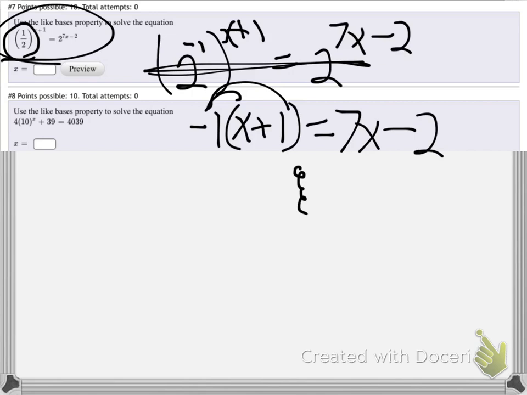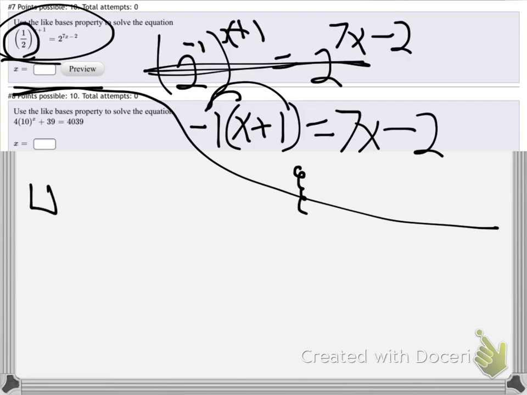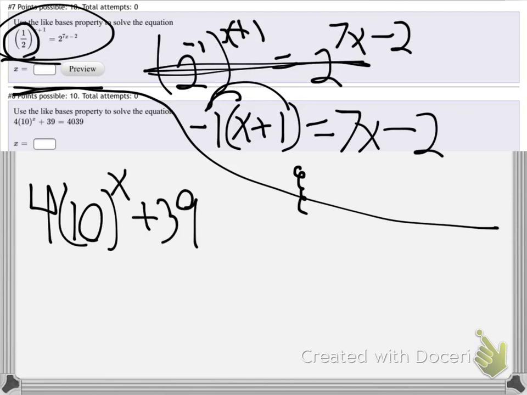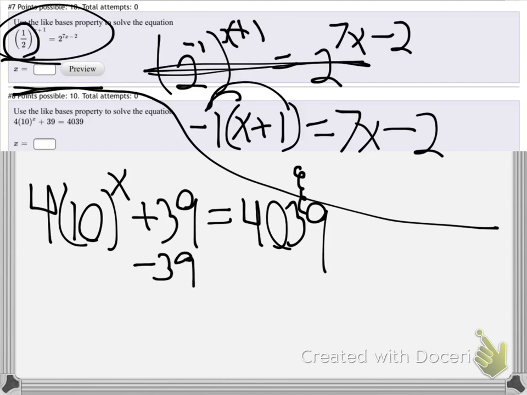Now number 8, real similar idea to, I don't remember, number 6 or something, whatever it was. And so if we have a 4 timesing next to that 10 to the x power, it's the 10 that's being taken to the x power. Now we have an extra 4 floating around and a plus 39 floating around. So we're going to get rid of both of those. Equals 4,039. And then the way that would go is like when we're solving old-fashioned linear equations, the old 2-step. We have a plus 39, so I'll minus the 39.